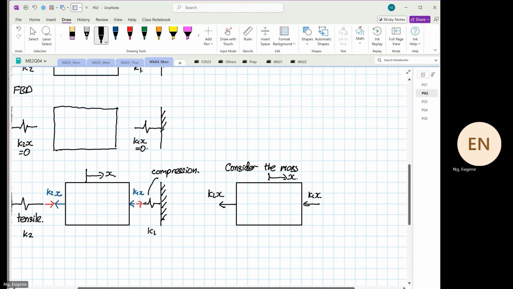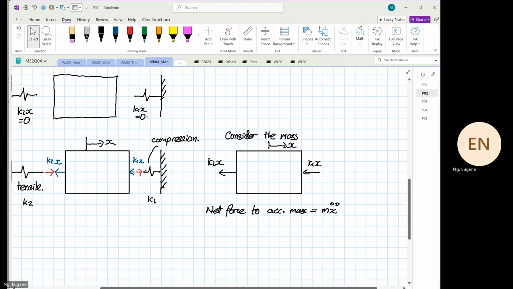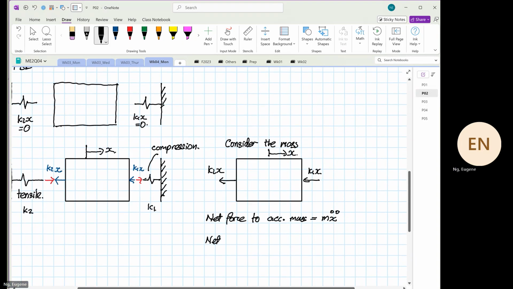Okay. So the next thing we need to do is net force to accelerate the mass is equal to m x double dot. Okay. Net force acting on the spring, this will be equal to minus K1x minus K2 what? X.